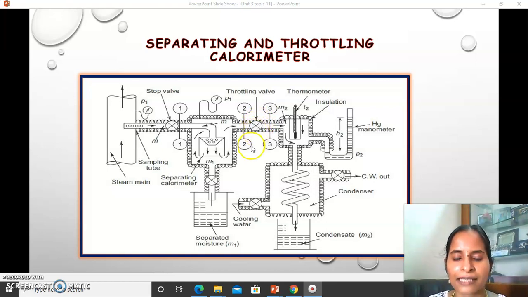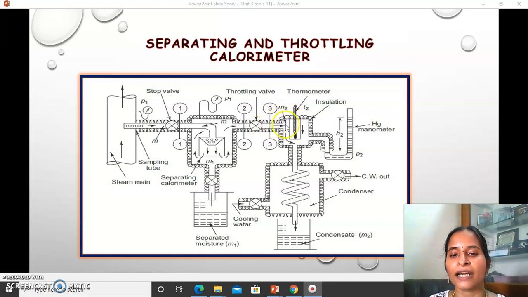So when the wet steam enters this separating calorimeter, due to inertia, when the steam is made to move in the reverse direction, the water flows down, and the gaseous phase of the steam moves on to the throttling device, where its pressure reduces, temperature reduces, and dryness fraction increases, keeping the enthalpy constant.